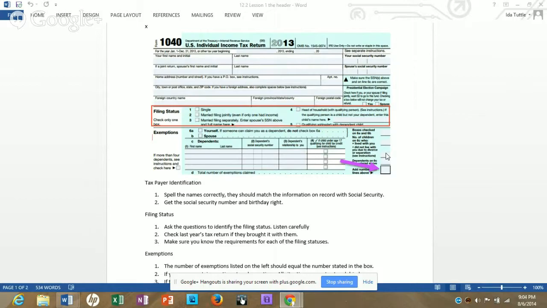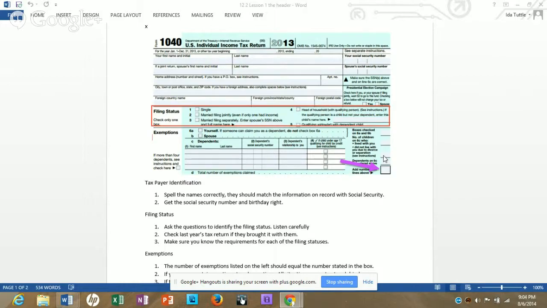This would be a good example: one spouse has custody of the children, and the other spouse, because of the Form 8332, which we'll get to later, and you already know about it, they signed the 8332, giving the non-custodial parent the right to have the child be a dependent for him. So he would put that child here.